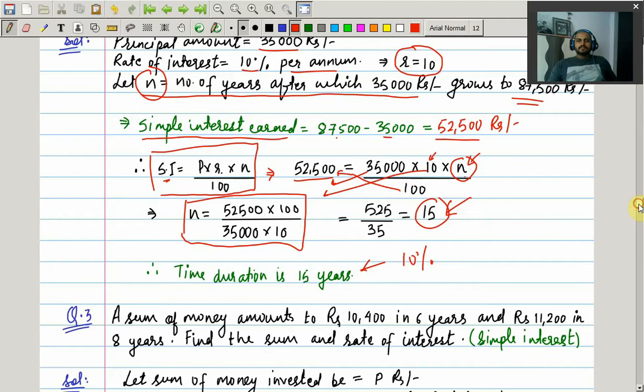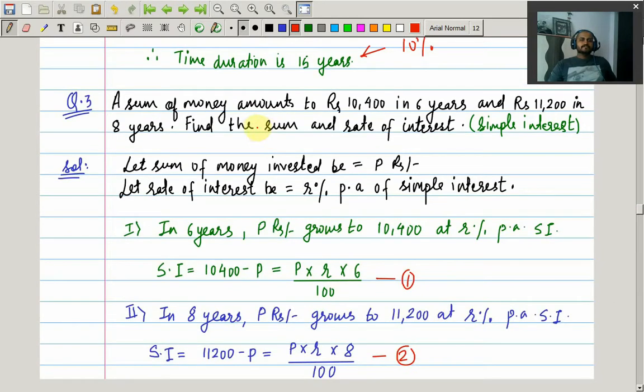Let's take the third question. A sum of money amounts to 10,400 in 6 years and 11,200 rupees in 8 years.